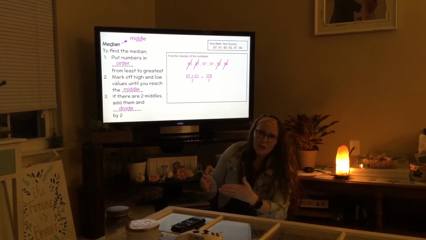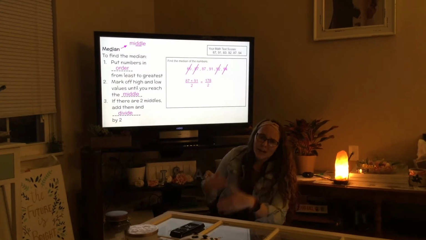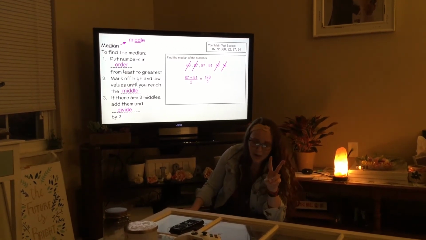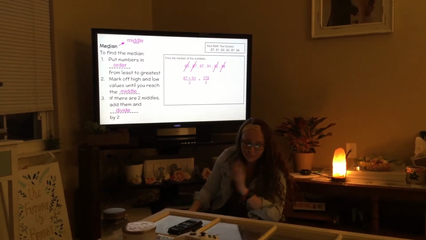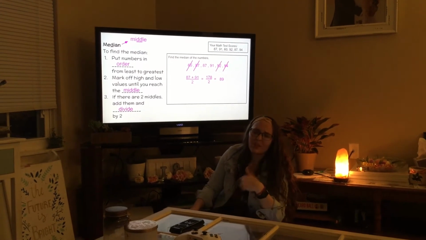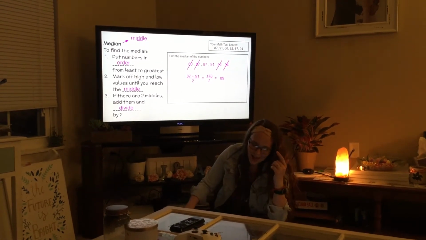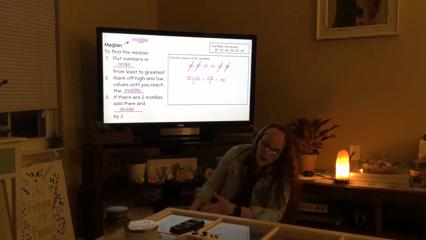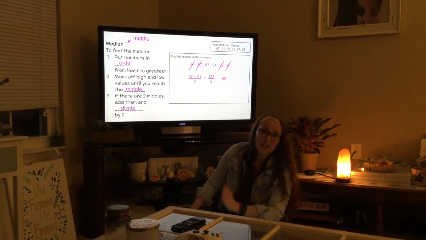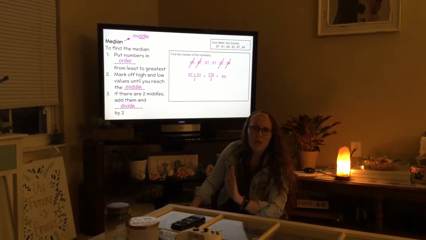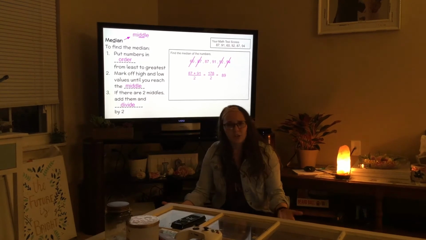Then 178 divided by 2, because there's 2 numbers, gives 89, which is directly between 87 and 91.